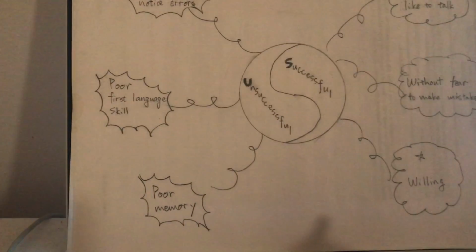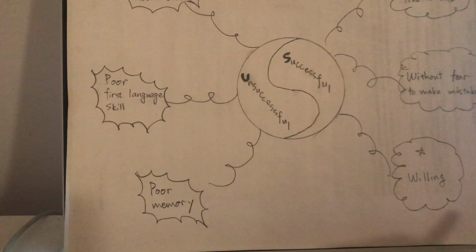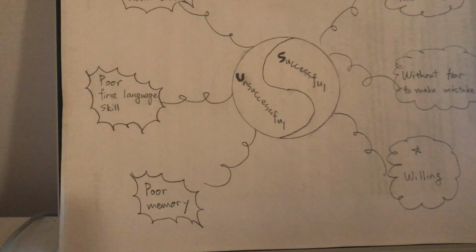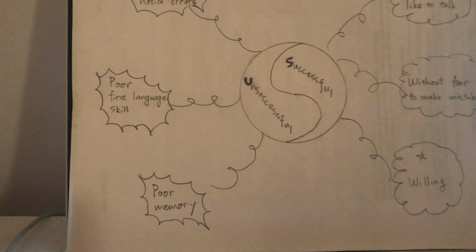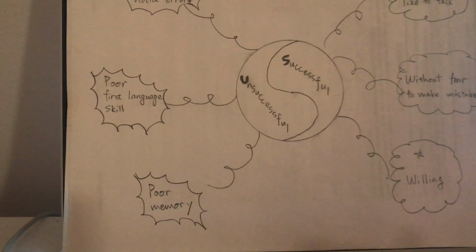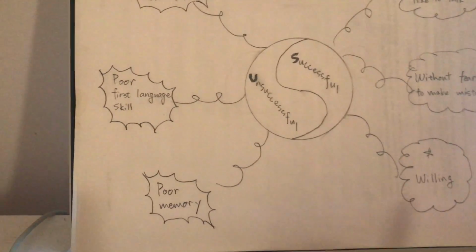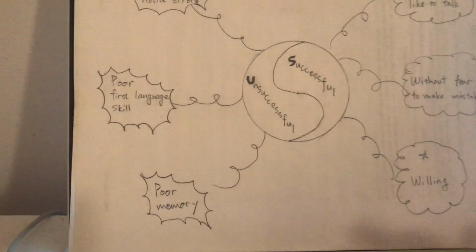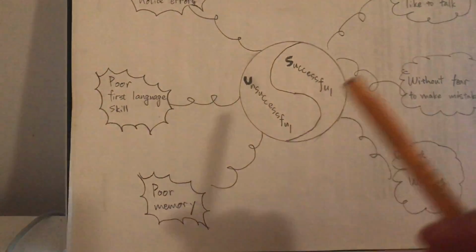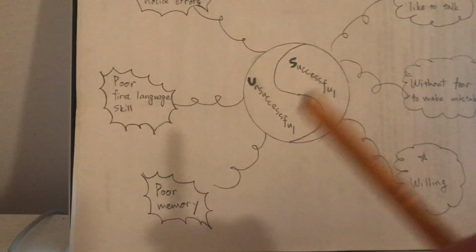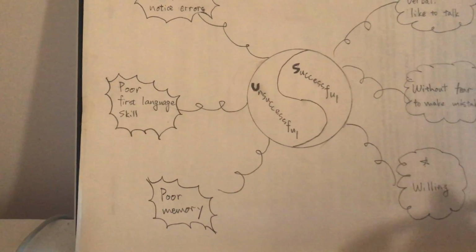So if a student has poor memory, we suggest that they opt out of the immersion program, because no matter how hard they work, they will find that they cannot remember even the easiest things, and their effort is useless. So a student with poor memory will be an unsuccessful student with a very large possibility.